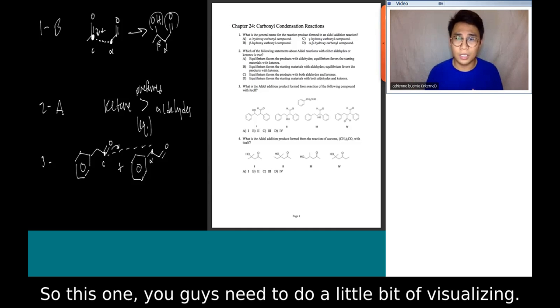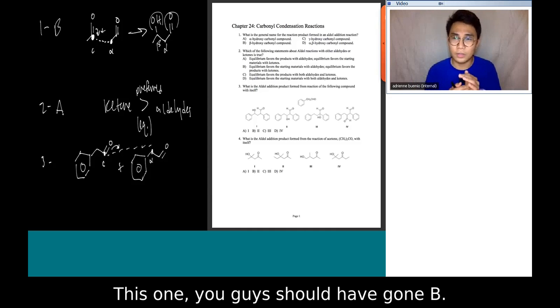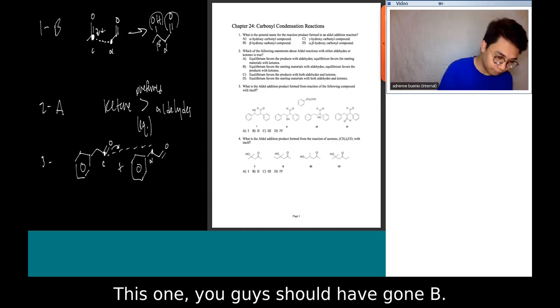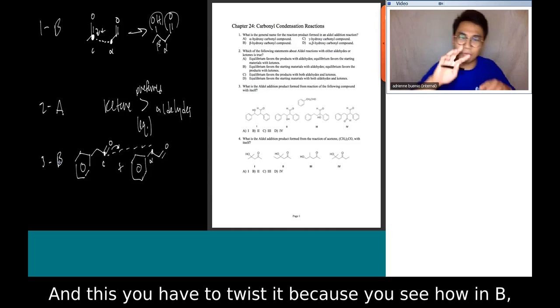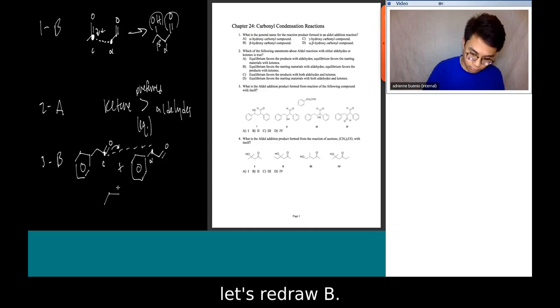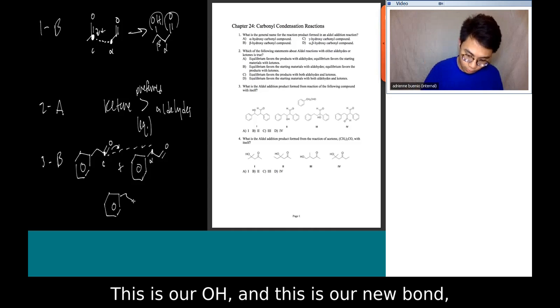So this one, you guys need to do a little bit of visualizing, right? This one, you guys should have gone B, right? And this you kind of have to twist it because you see how in B, let's redraw B. This is our OH, right?